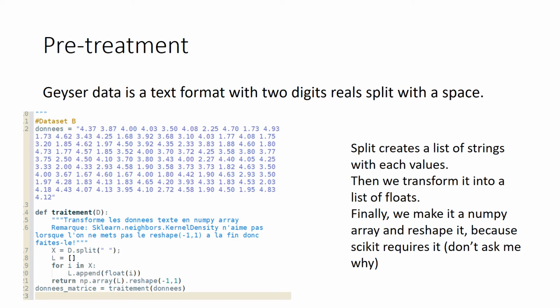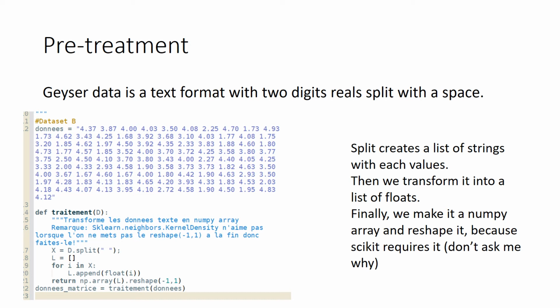So the pre-treatment is quite easy. We have texts, which are just copy-pasted from the PDF file of Silverman's paper. They are floats with 2 digits, split with a space.